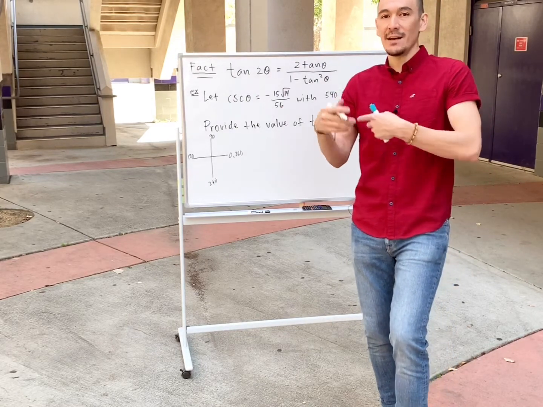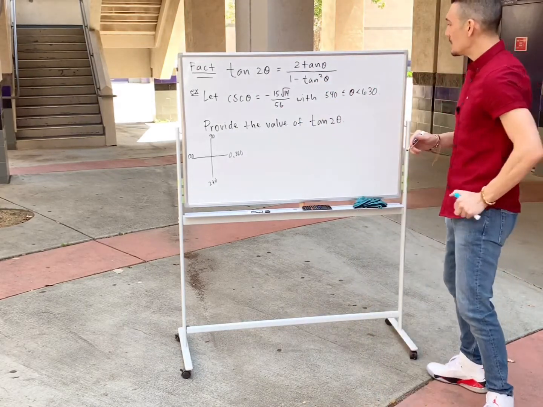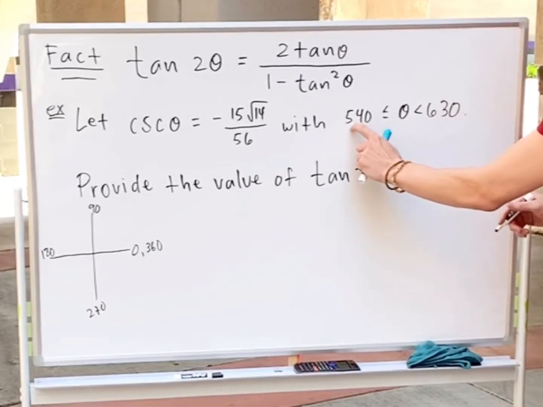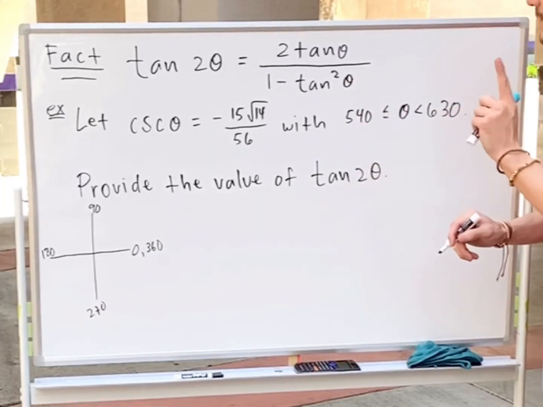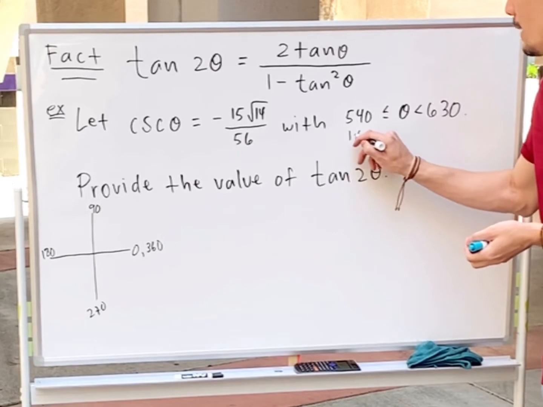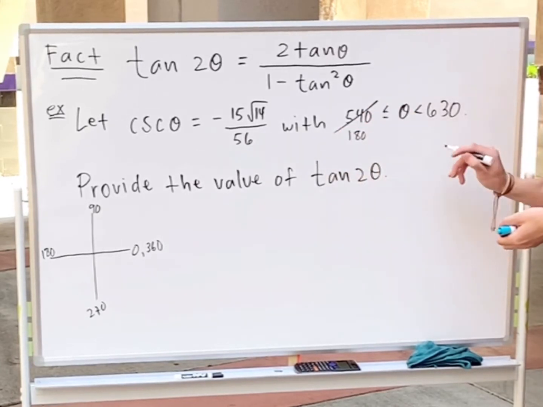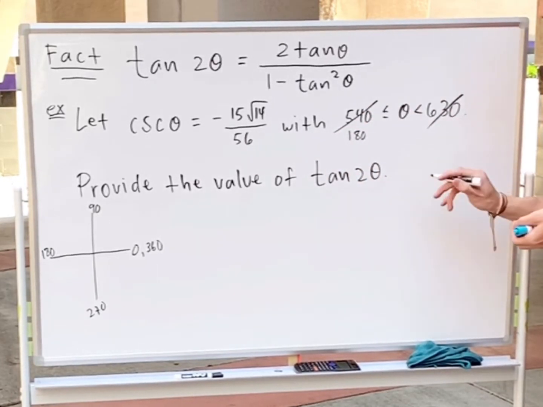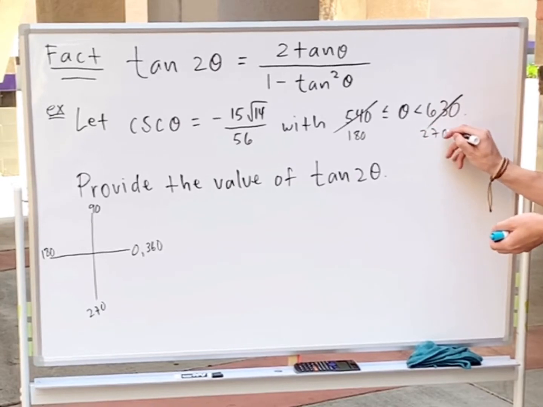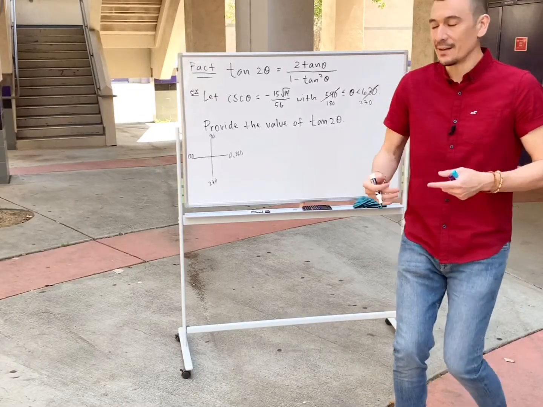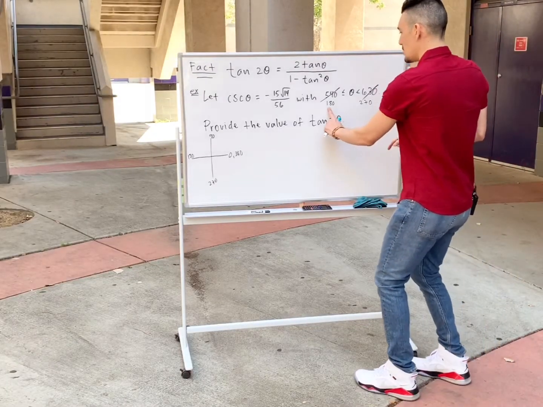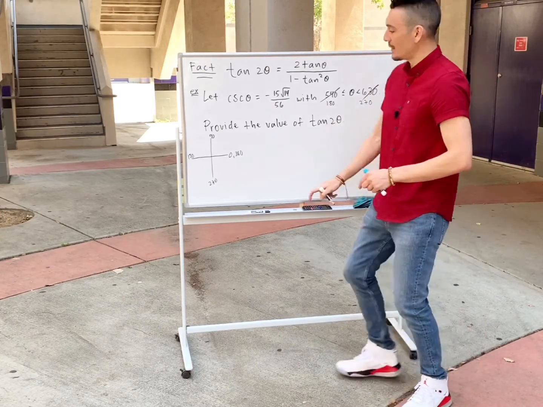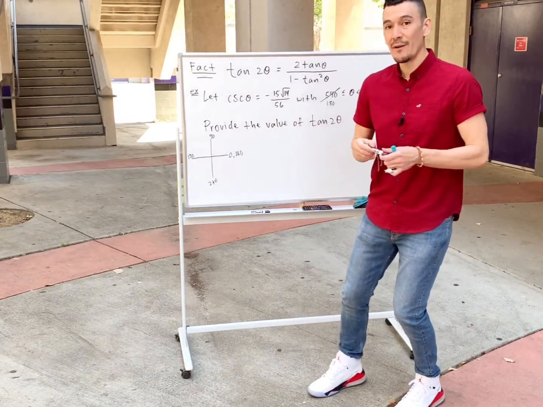That was the idea of coterminal angles. So from here, subtract 360 from this, and that gives you back 180. And then here, subtract 360 from this, that gives you 270. So our theta is really sandwiched between 180 and 270, which means quadrant number 3.